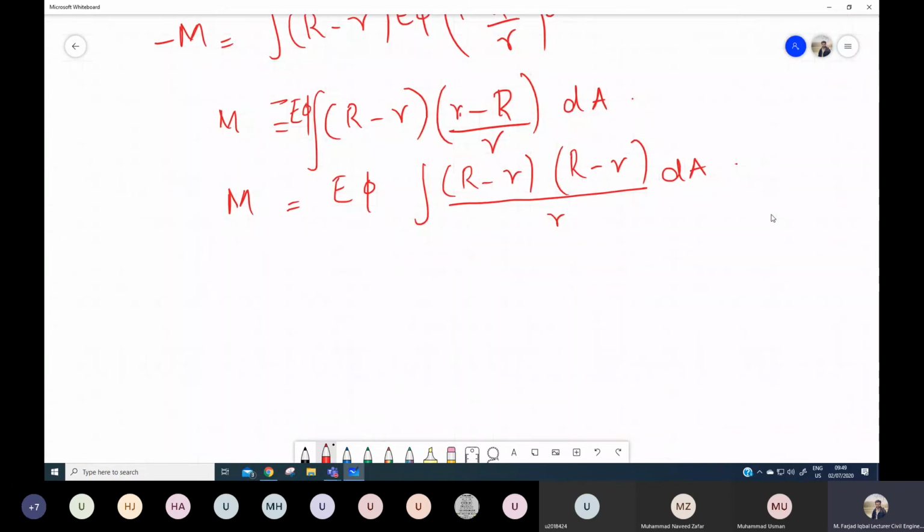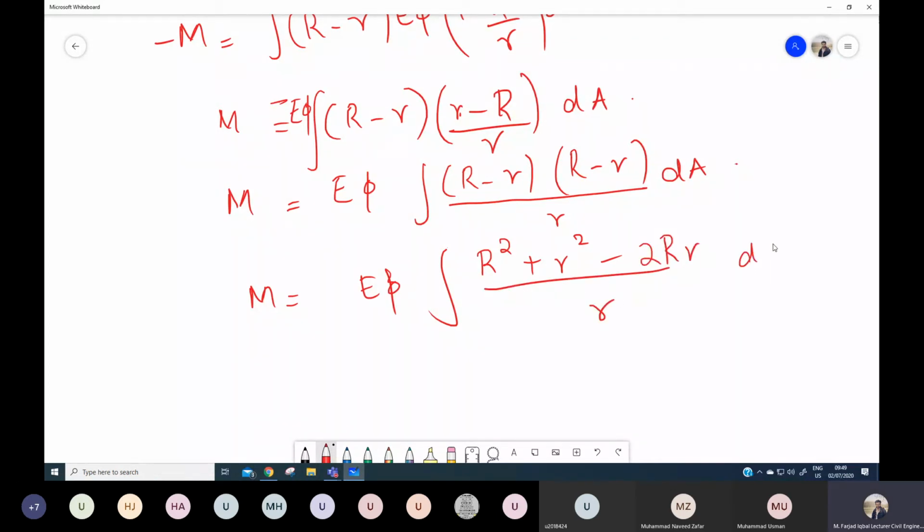Now these two terms are the same, so we will get M equal to E phi, and if I expand the square of this one, I will get capital R square plus r square minus 2 capital R small r divided by r into dA.